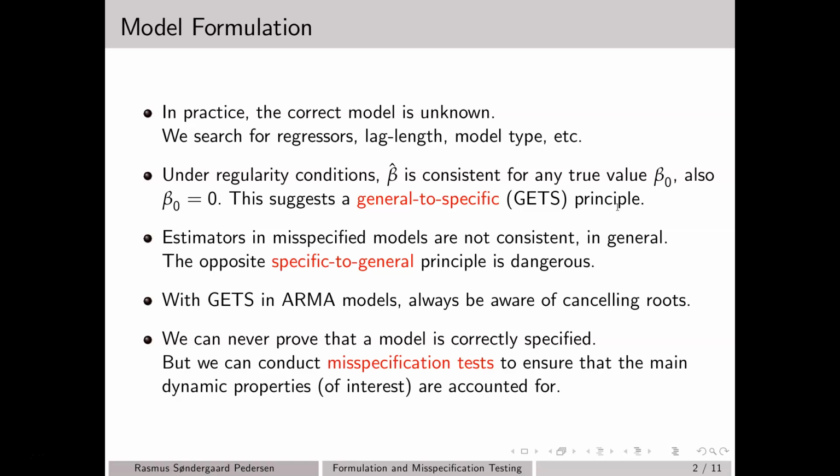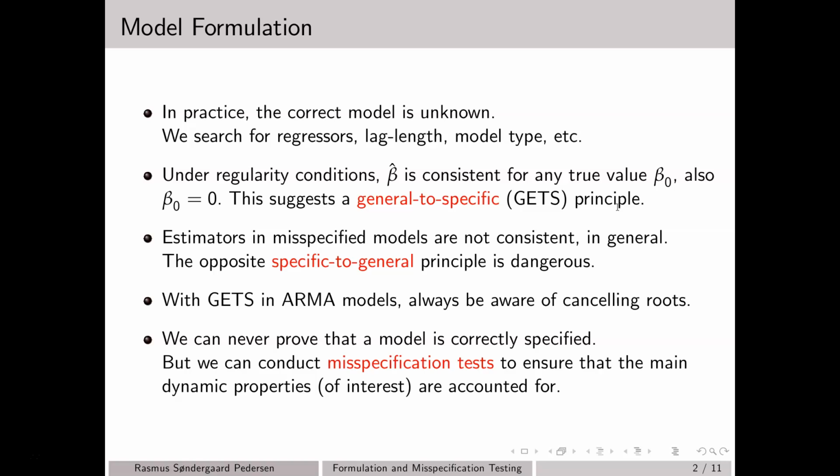So this is well known if you have, say, a dynamic linear regression model where you have omitted some lags, implying that the error term is autocorrelated. In that sense, the least squares estimator will not be consistent for the regression coefficients. So that's a fairly dangerous approach to apply in time series analysis.